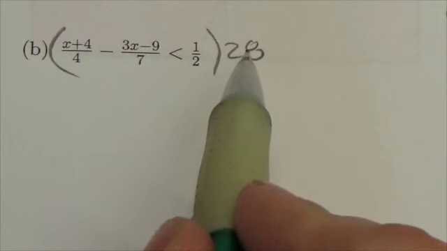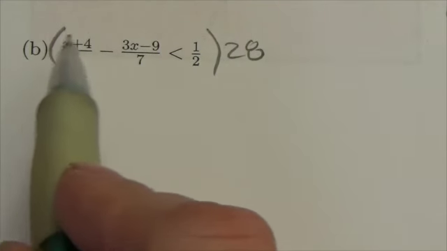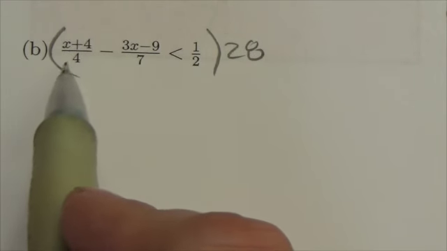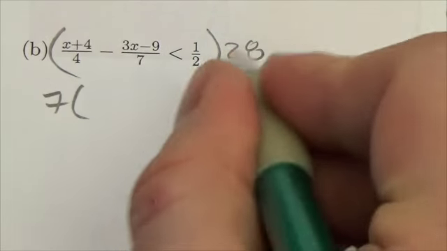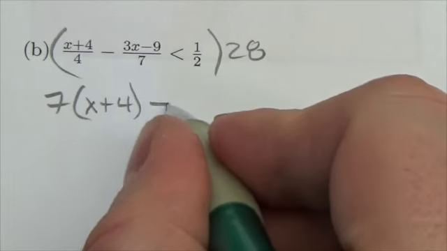Okay, so when I multiply each term here by 28, this is what happens. The 28 by this first term, well that 28 goes into the numerator, but there's a 4 down there that's going to cancel with it, and I'm going to be left with a 7 from that 28 times (x + 4), denominator's gone.